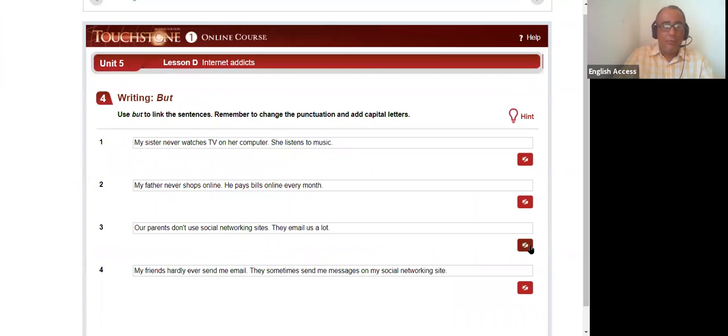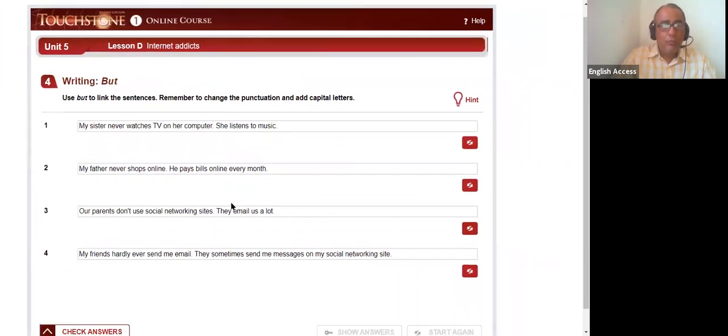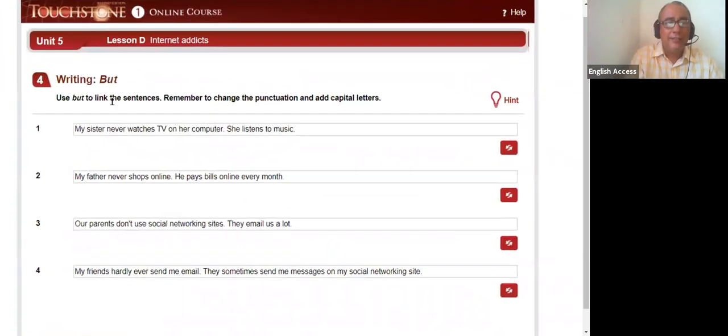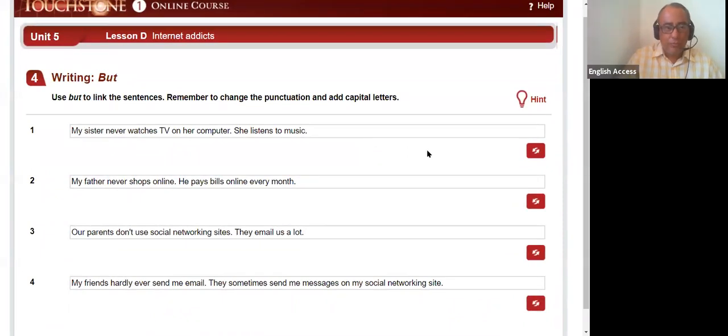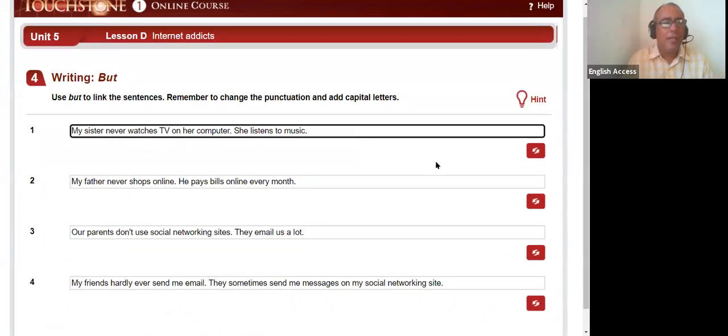So that is the incorrect sentence. Let's practice a little bit more. It says, use but to link the sentences. Remember to change the punctuation. For example, number 1. My sister never watches TV on her computer. We erase the period.